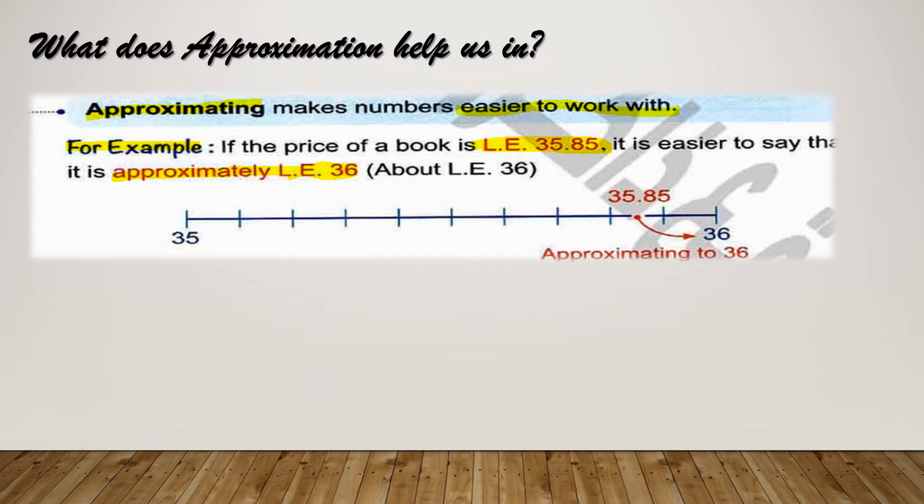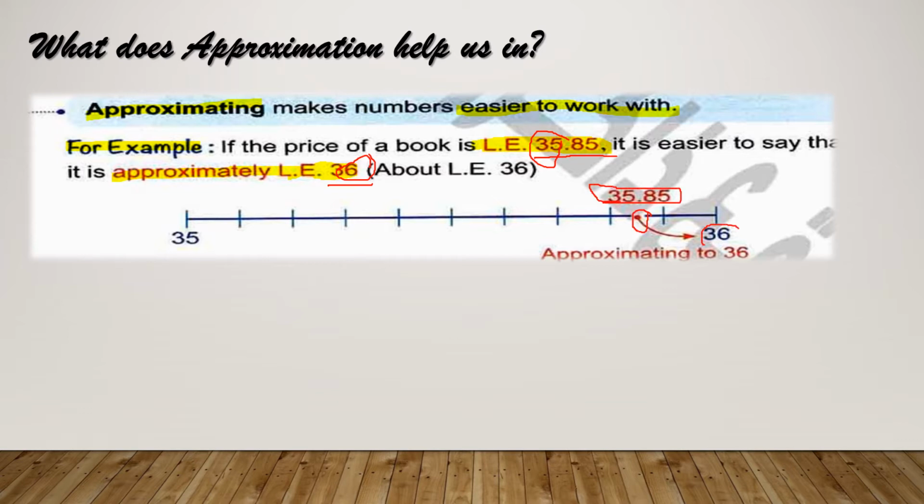It's kind of impossible to count out 85 cents when you need them. So I approximated 35 to 36 to make the process easier on myself. I added $1 to the 35, and this is how it became 36, because adding a dollar is easier than counting 85 cents.